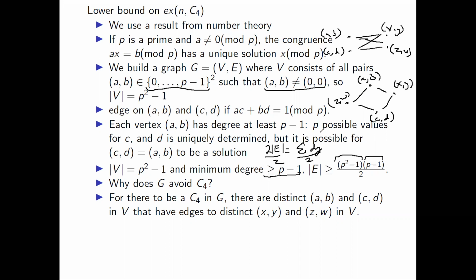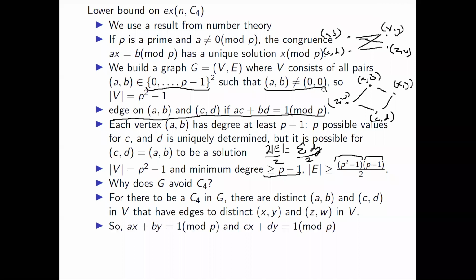And if we have a C4 in G, that means that (A, B), (C, D), (X, Y), (Z, W) are four distinct ordered pairs for which we have edges (A, B) to (X, Y), (A, B) to (Z, W), (C, D) to (X, Y), and (C, D) to (Z, W). So what does that mean in terms of our rule for edges? It gives us a total of 4 modular equations.